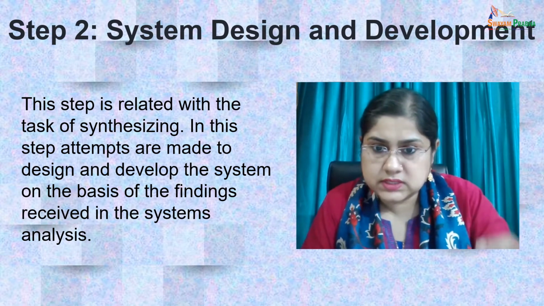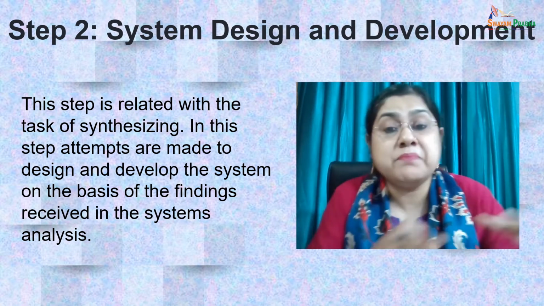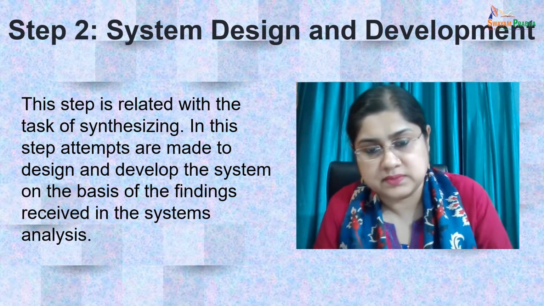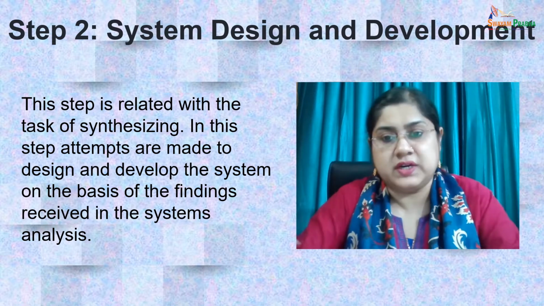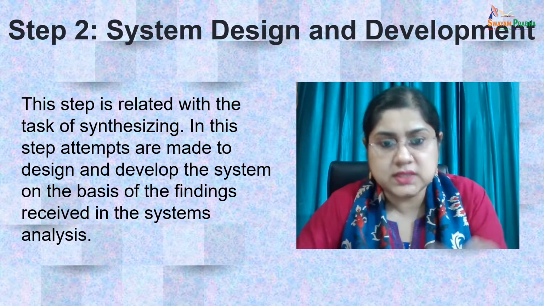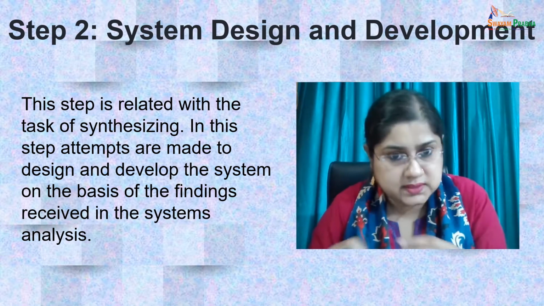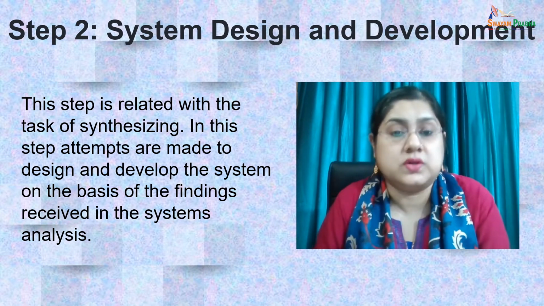And the stipulated objectives are those objectives which are the basis of designing a system which is in front of us and which is in function. So these two basically work in the system in close consonance.